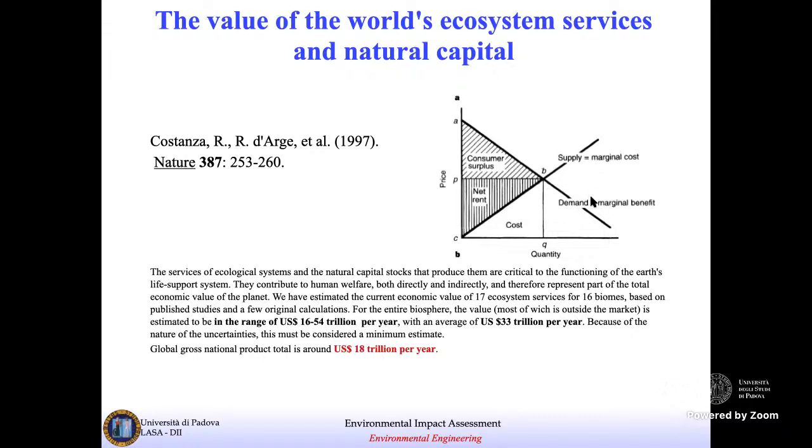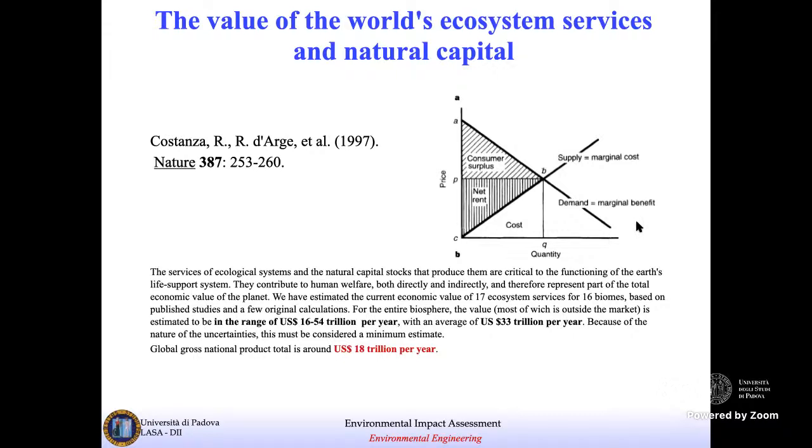This is what happens when you employ this economic model onto market systems in which you have a supply that is limited, a demand that is limited, so that you can describe these two relationships by linear lines.